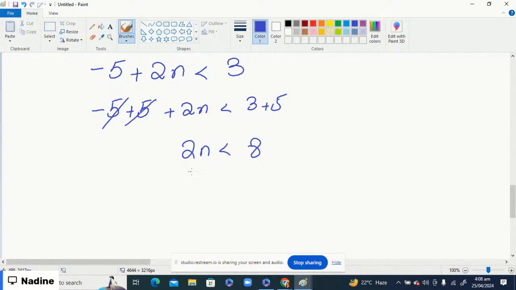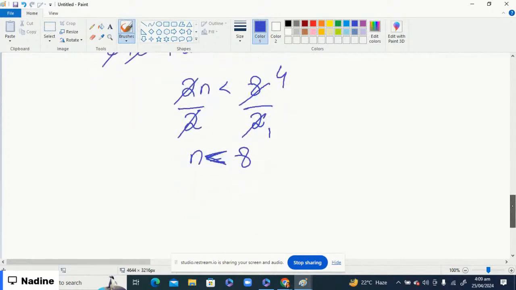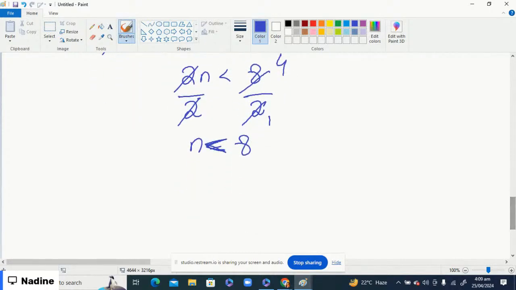Dividing both sides by 2. 2 times 1 is 2, 2 times 4 is 8. So this is the answer: n is less than 8.